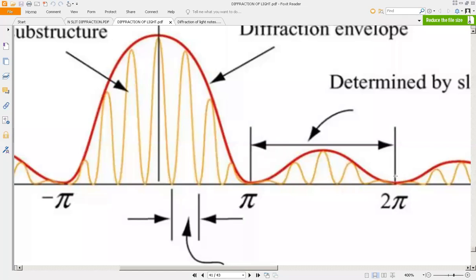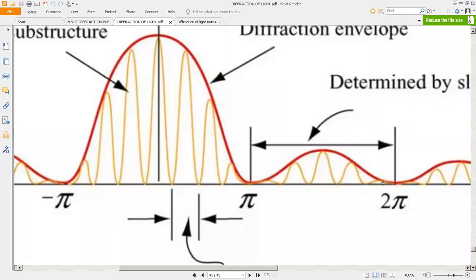Once again, the 10th order is missing. I think fourth, probably eighth one is missing. So these orders will be missing orders, which I will deal with once I start the N-slit diffraction. So this is only about the double-slit diffraction, and I'm going to deal with the N-slit diffraction.